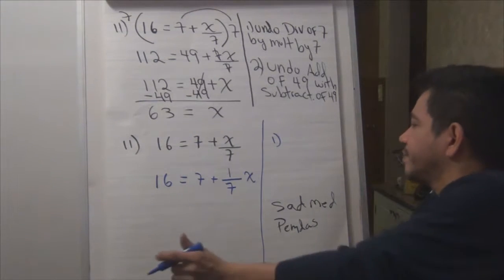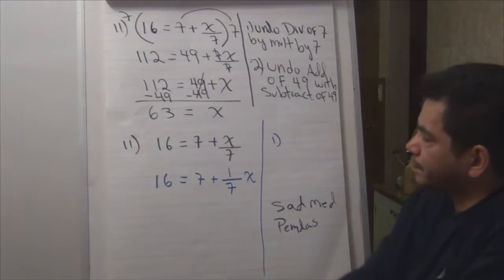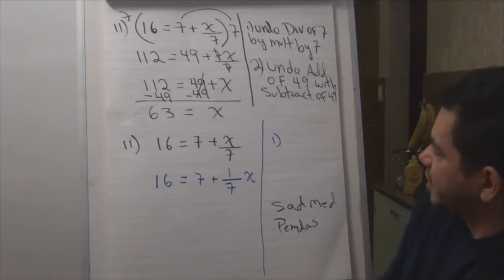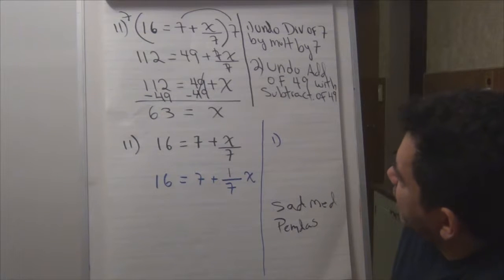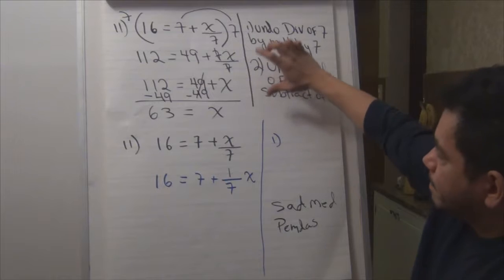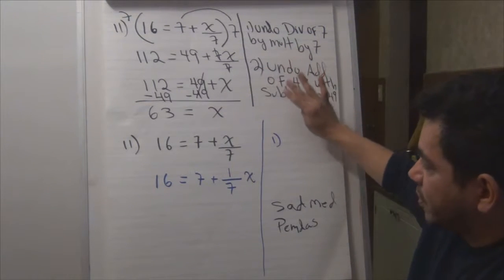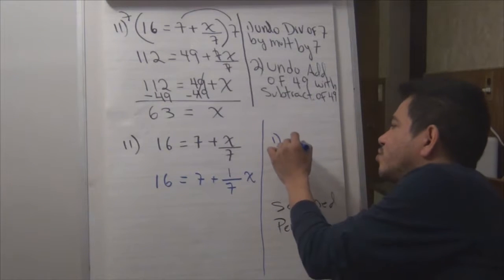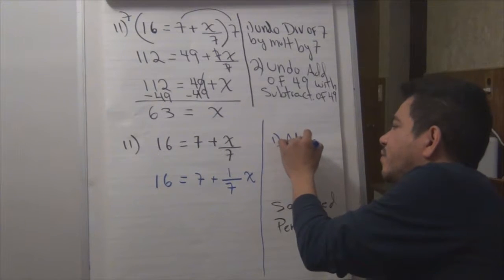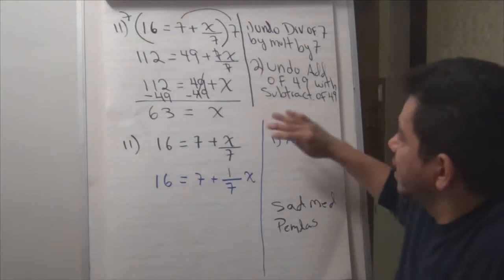Okay. First, you use the additive inverse of a number whenever you have a two-step equation.